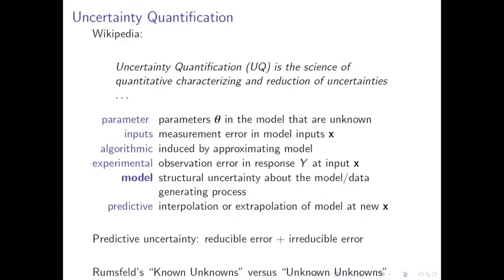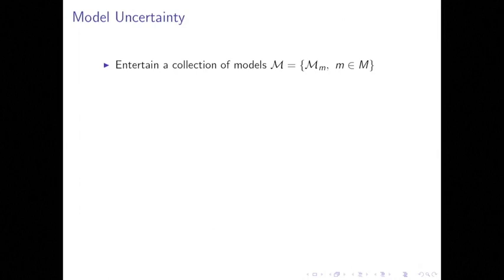That gets back to the unknown unknowns and known unknowns: there are certain aspects of the model or the process that we may never be able to know. For the things that are known, we can try to work on reducing our uncertainty. So I'm going to focus in this talk more on the aspects of model uncertainty and how that might interact with uncertainty quantification.